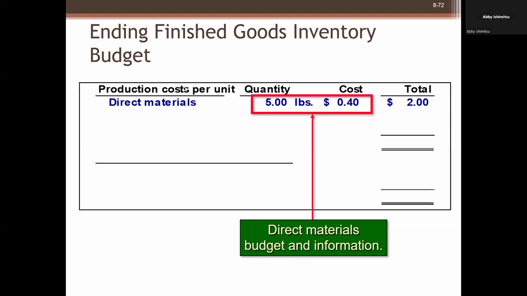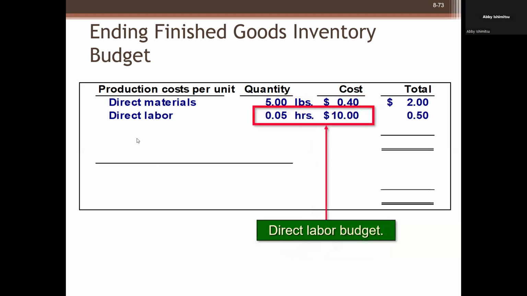So we know that the cheesecakes consist of 5 pounds of direct materials, which standard cost 40 cents. So $2 worth of material. We also know that for every cheesecake, it takes 3 minutes of direct labor, and our labor cost is $10. So that's 50 cents worth of labor per cheesecake. And we've just calculated our predetermined overhead rate.